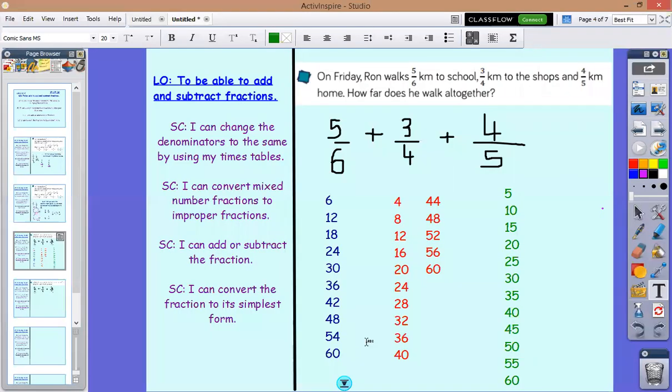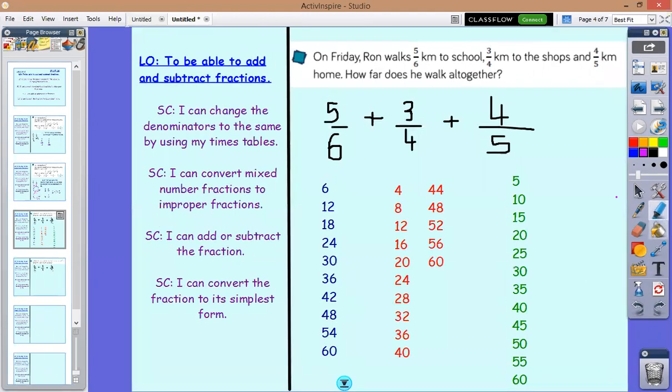Right, I'm back. So I've just written my times tables up to a certain amount. That's one way you could do it. I think there's probably an easier way that we could also do it, but let's go through this way first. Maybe you can find a different way of how to solve it. So I've gone down here, and over here you can see 60 appears in the 6 times table, the 4 times table, and the 5 times table.